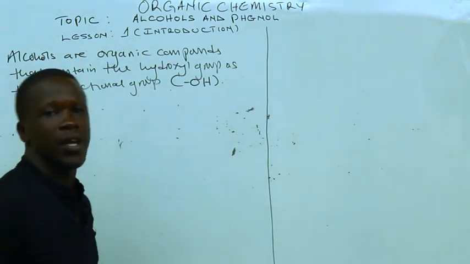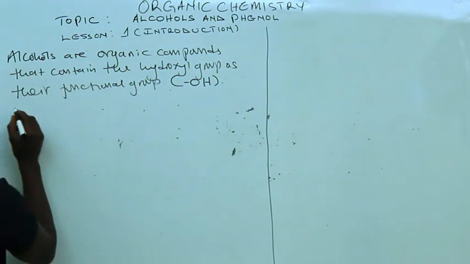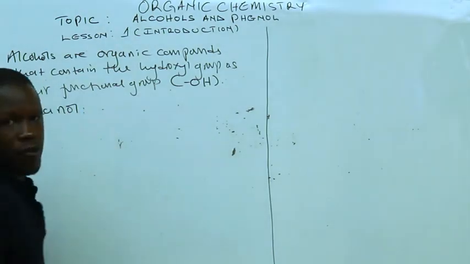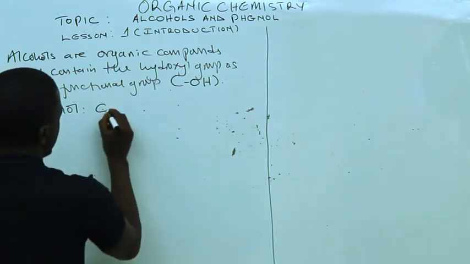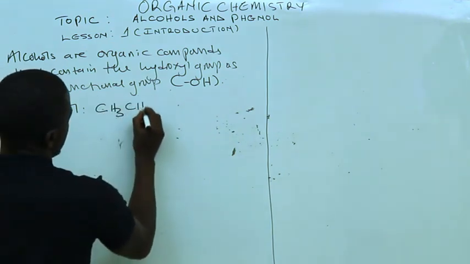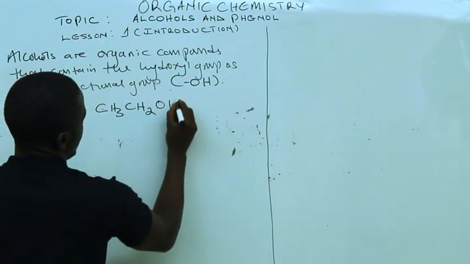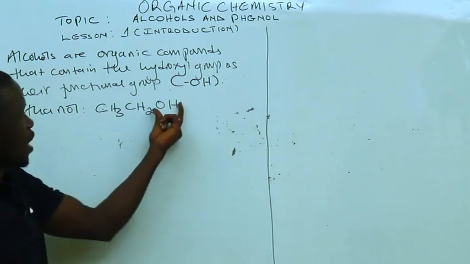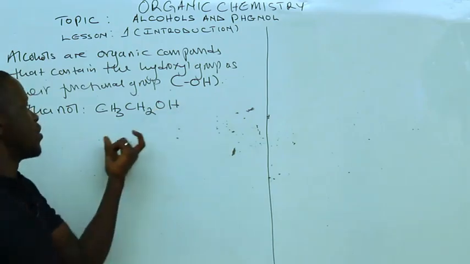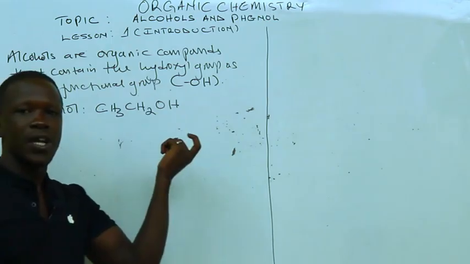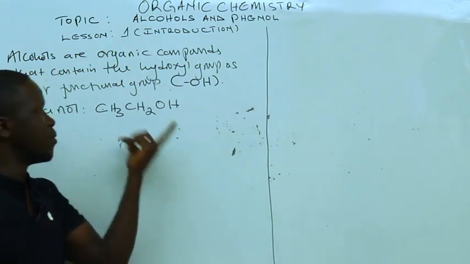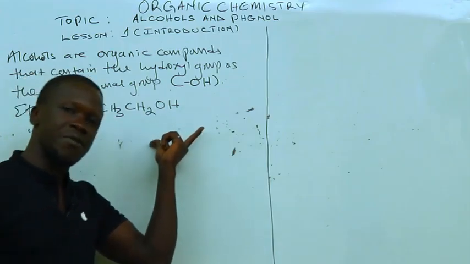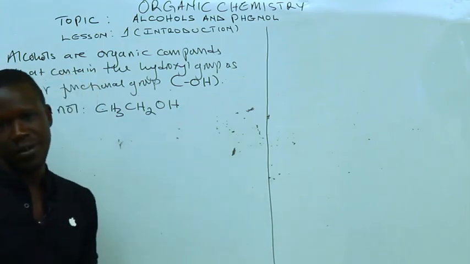For example, the common alcohol that we know is ethanol. If you read the structure of ethanol, it will be CH3, CH2, OH. So the presence of the hydroxyl group attached onto one of the carbon atoms in the carbon chain makes this compound belong to a homologous series of compounds that we call alcohols.